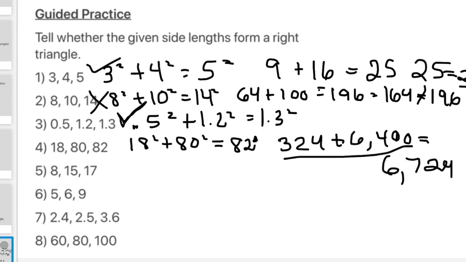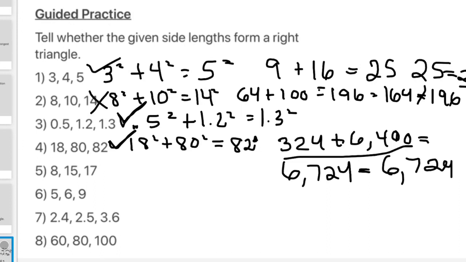So then we're going to add 6,400 plus 324, and we get 6,724 equals 6,724. That is correct, so that forms a right triangle.